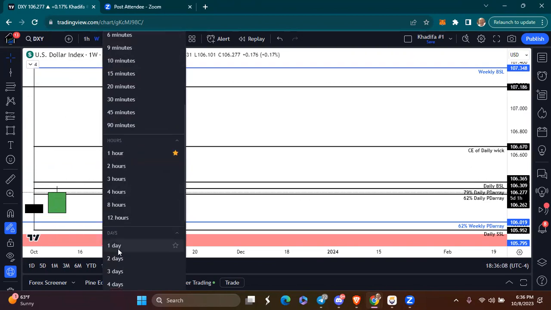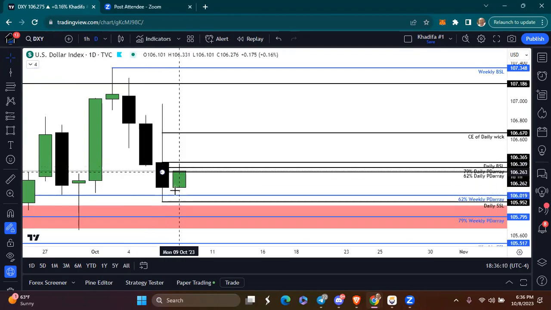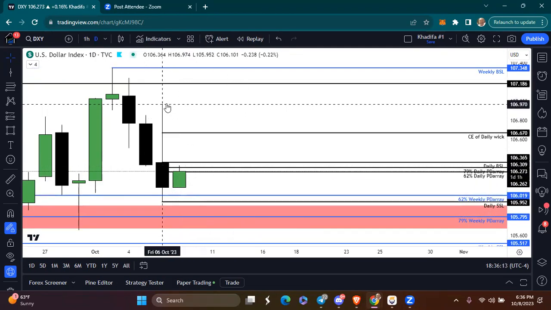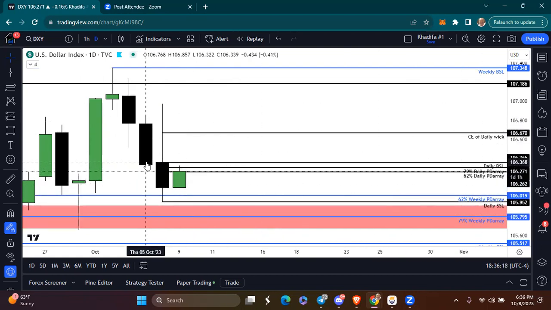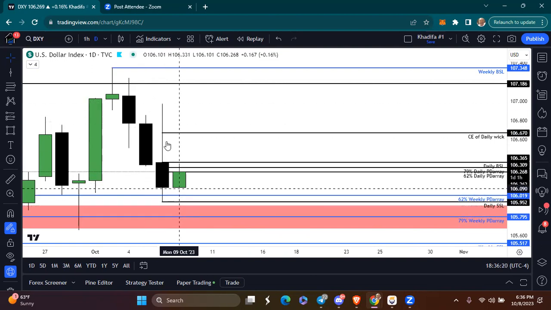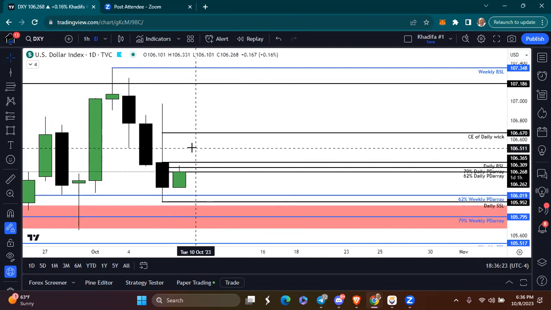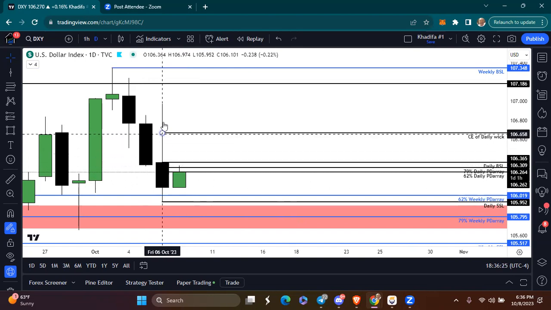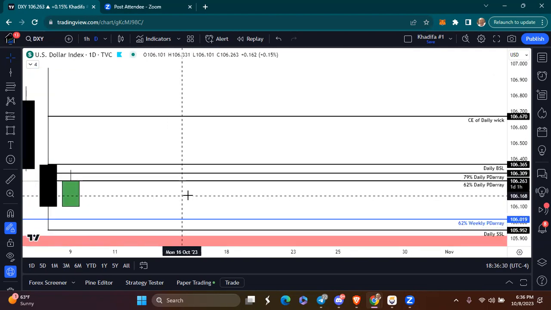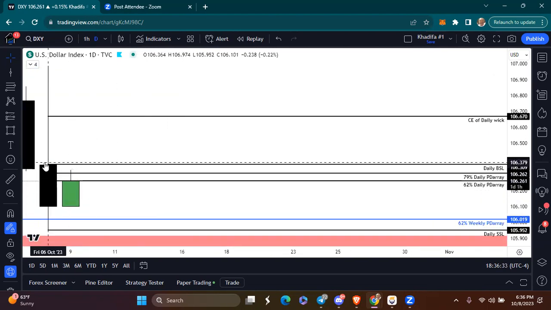If we go down to the daily time frame, we see how we opened up, right? Look at Friday's price range. I did not mark from wick from high to low for the daily PD arrays this week, just because we have this long wick and such a short body on price action. I measured from opening to closing, right?